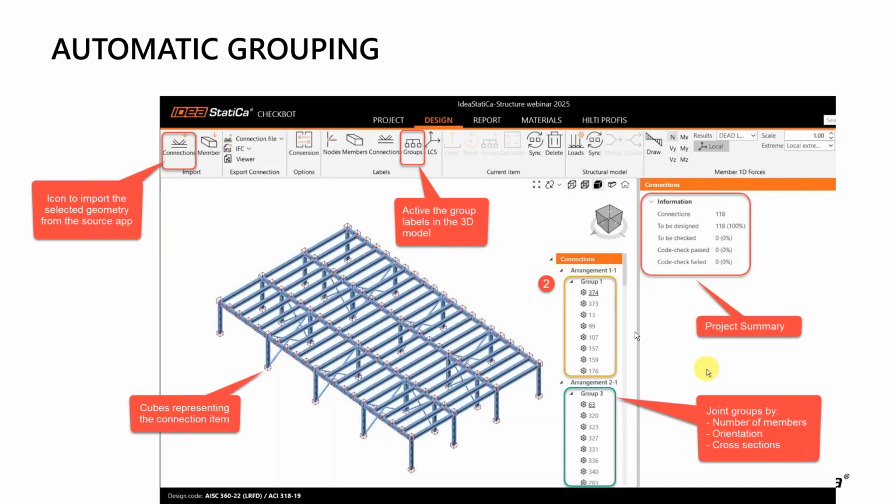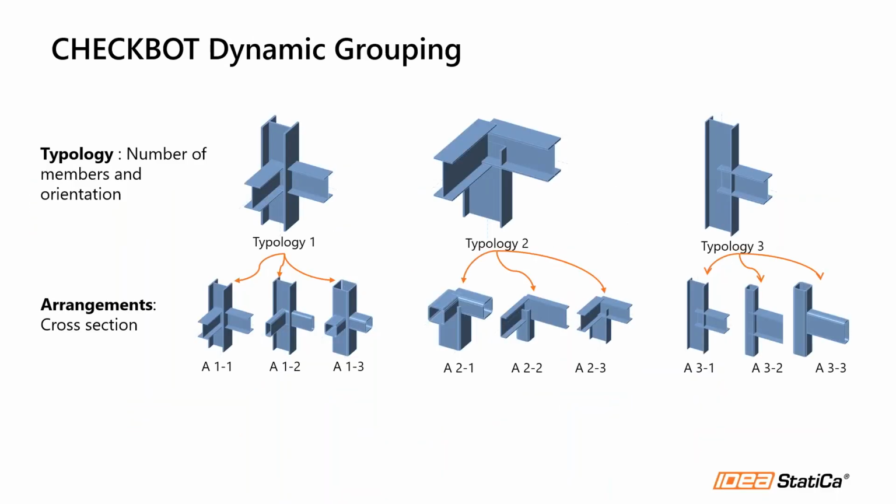Now, let's review how groups are defined in Checkbot. The dynamic grouping is an automatic action that Checkbot does once it imports the model. From the model joints, it will arrange the nodes by typology, which is defined by number of members and their orientation, right?